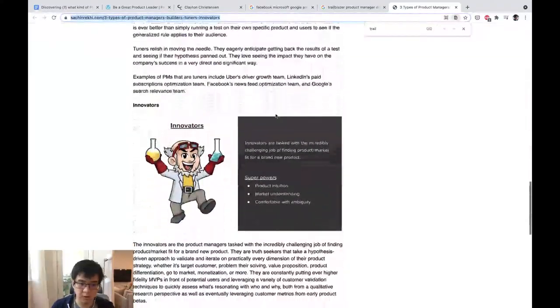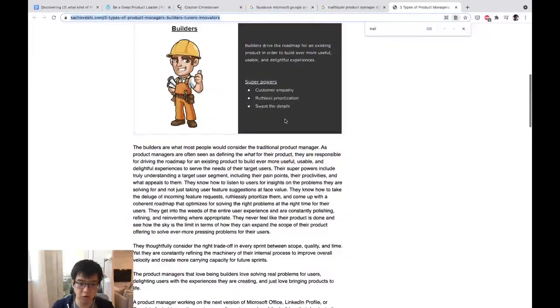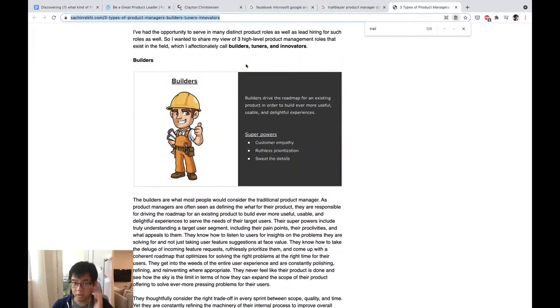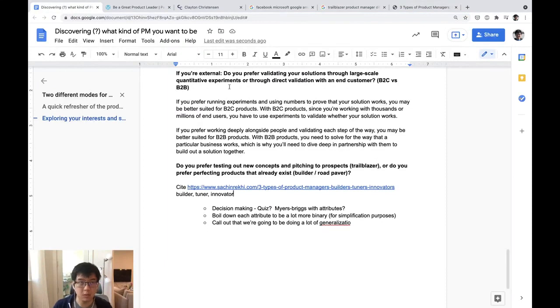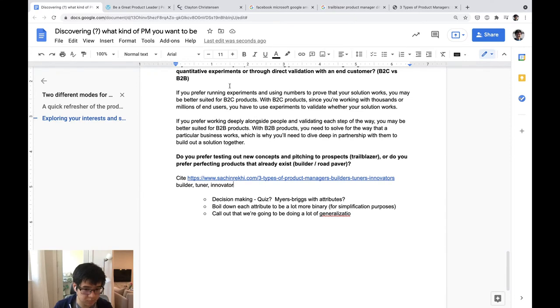I think you can actually collapse builders and tuners together, and so you have innovators versus tuners. And so again, I think the framework is valid up to a point. I'll want to reflect on it and see the pieces that I resonate with and the pieces that I don't resonate with.